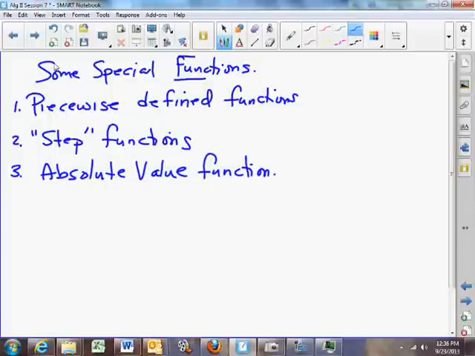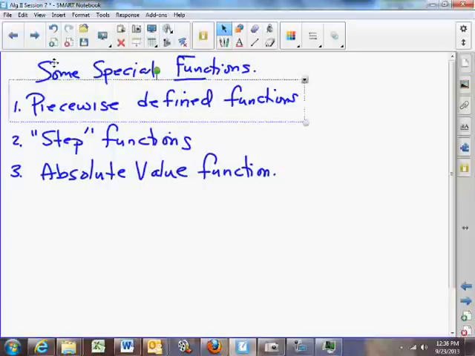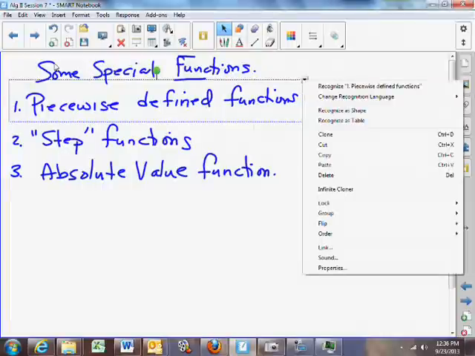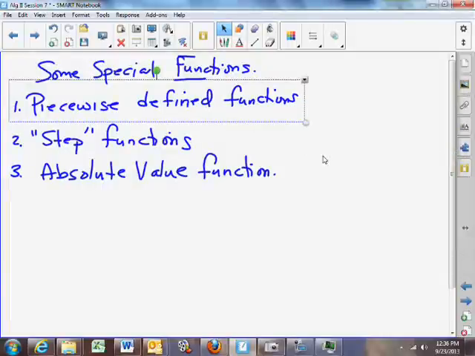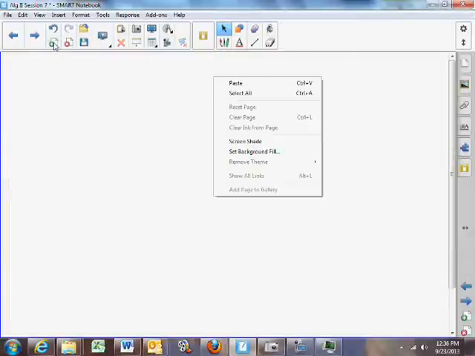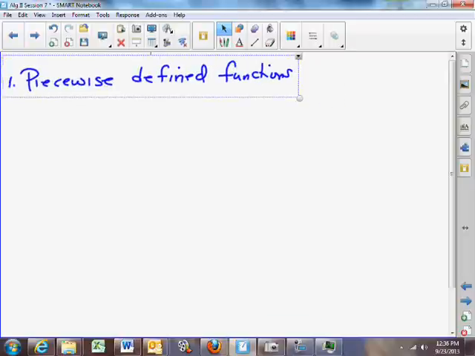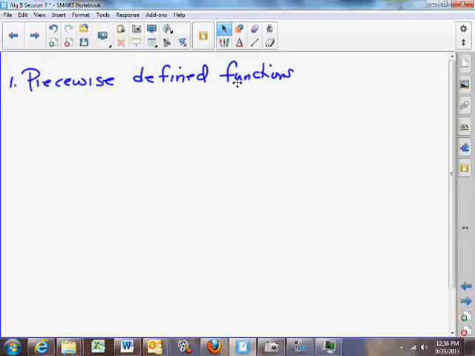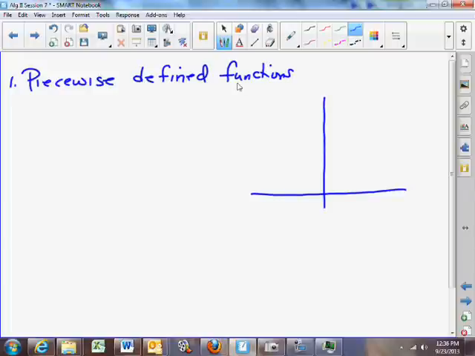Okay, we're going to start with the piecewise defined function. Now, a piecewise defined function is one where we have a function that's doing something for a while, and then we say, okay, at this particular point, we want to stop doing that, and we want to start doing this instead.